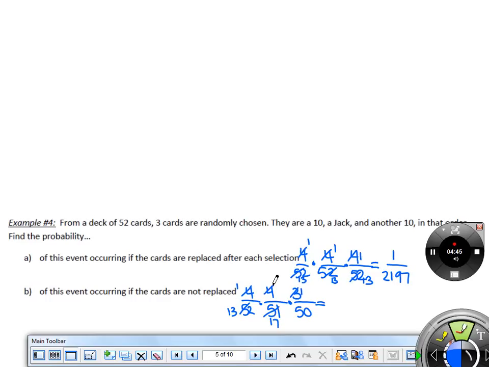And 4 and 50 are both divisible by 2, to make my life a little bit easier. So I have 2 out of whatever I get when I multiply 13 times 17 times 25, which is 5,525.